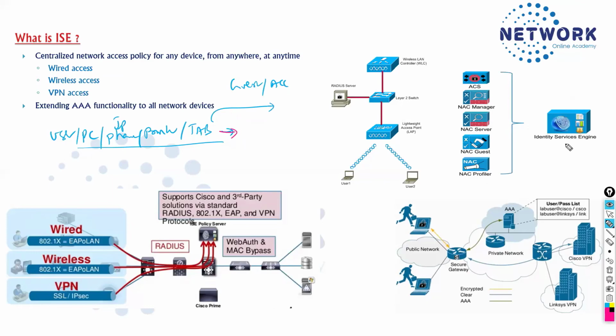So you can do that from a single centralized location. Or even whatever the type of connection, like I said, wired, wireless, or the VPN connection. So this is for the device network access.